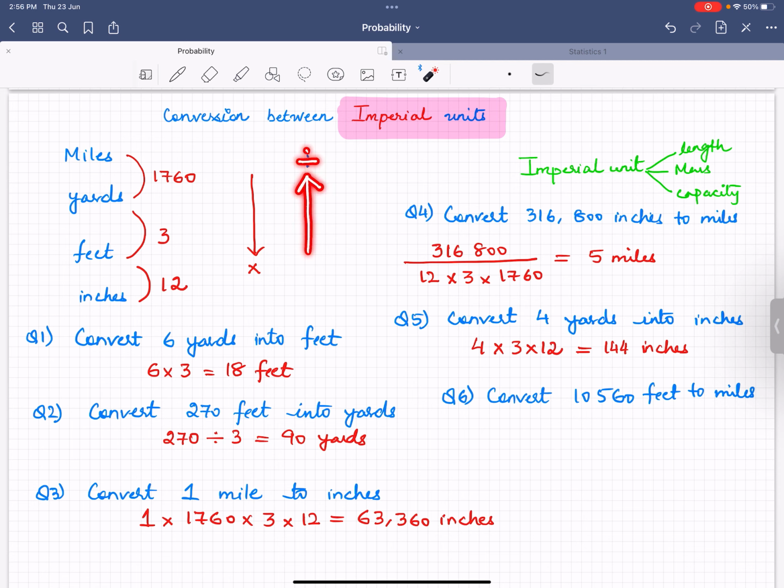When we go up, we divide. Since we are going from feet to miles, we will divide by the number 3 and by the number 1760. So let's write 10,560 and divide it by the number 3 and 1760, and that answers 2 miles.